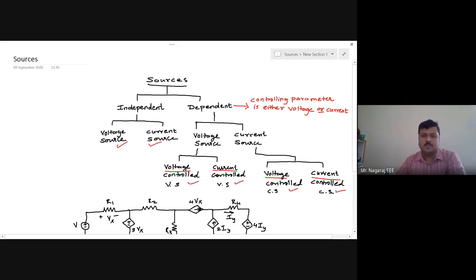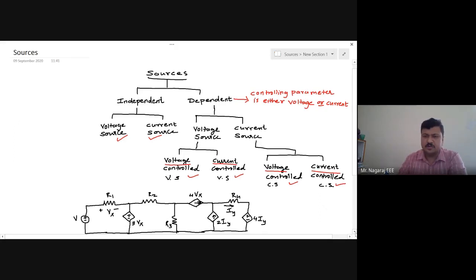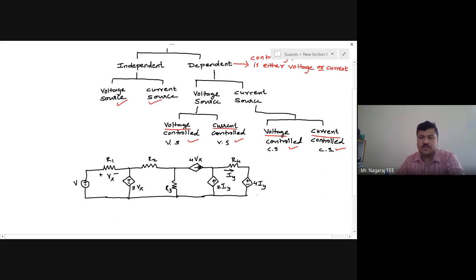or independent sources. I have given a general circuit here, which consists of all the types of controlled sources and uncontrolled sources also. Let me take one more branch. Let this be I now.